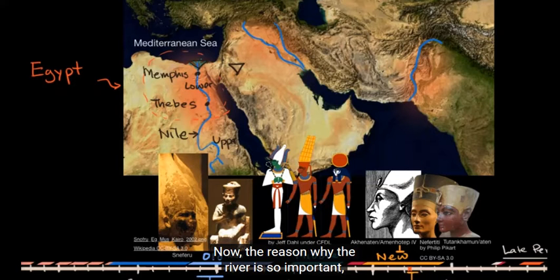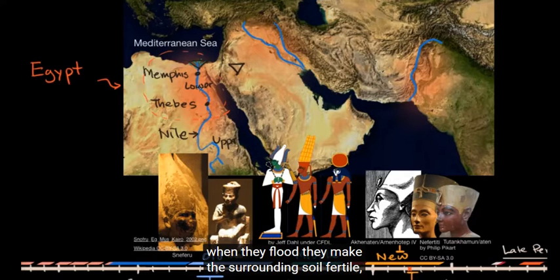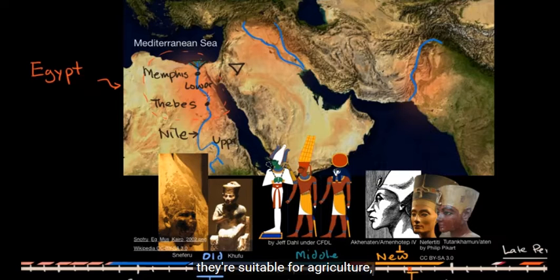Now, the reason why the river is so important, we studied this multiple times. Rivers are a source of fresh water. When they flood, they make the surrounding soil fertile. They're suitable for agriculture. And the Nile Valley is one of the first places that we see agriculture emerging during the Neolithic period.